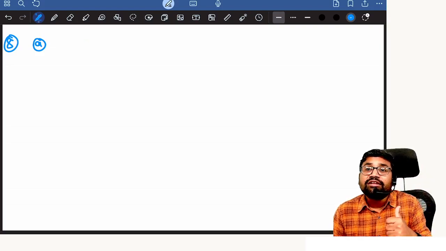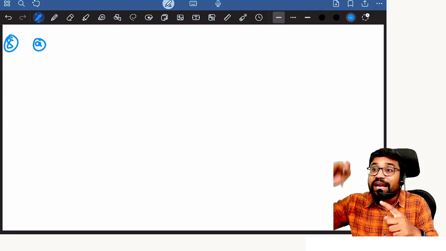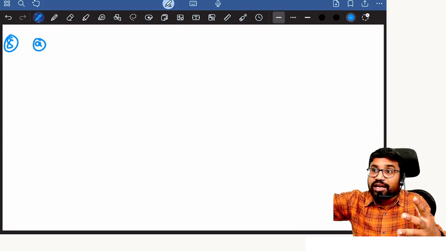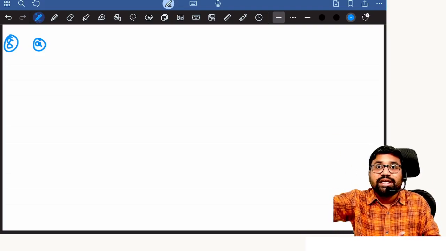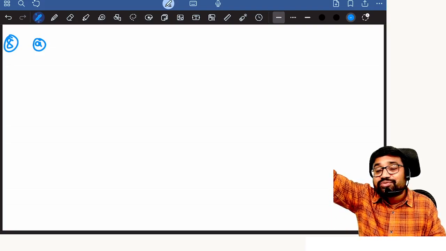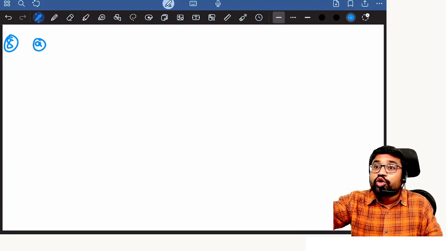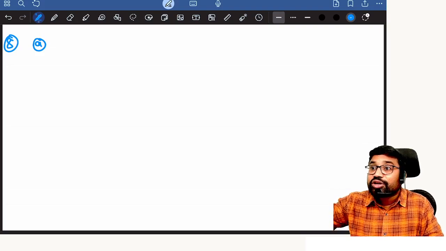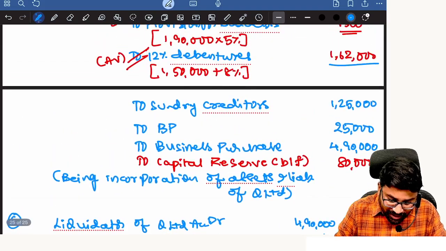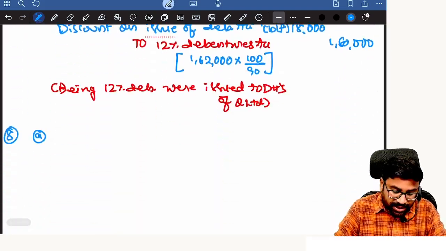No entry when the transferor directly incurs. But we said first you incur, later on we will reimburse. In that case, an entry will come. When the transferor incurs the expenses, what entry will we write in the purchase method? Goodwill or capital reserve account debit to transferor. Correct? Here goodwill or capital reserve? Capital reserve.